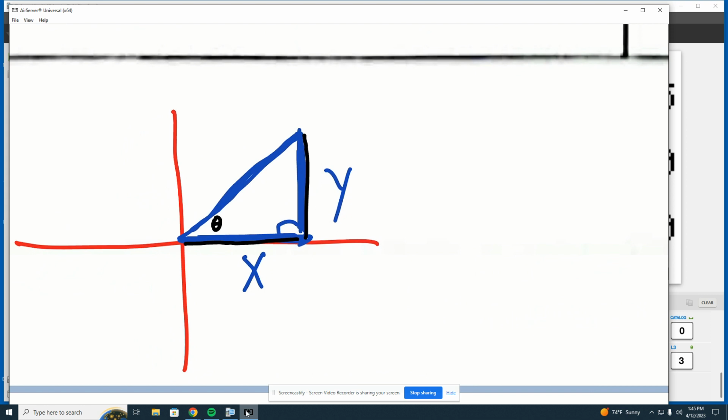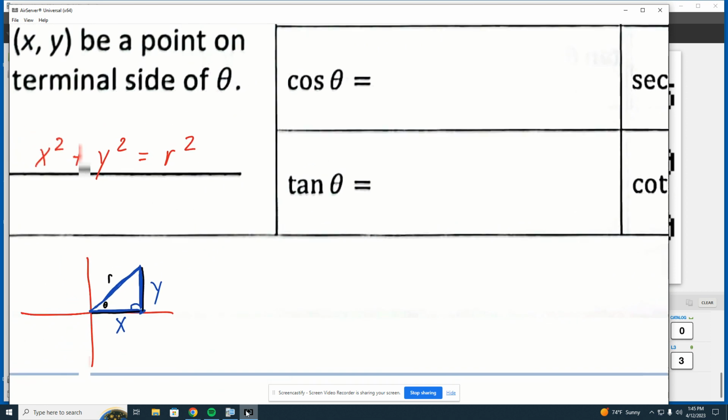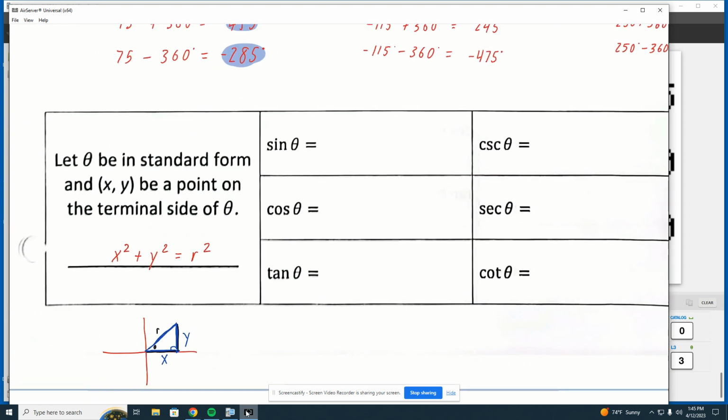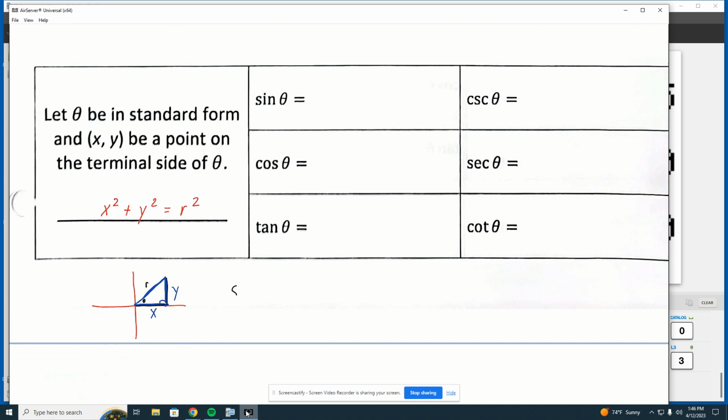And that leaves one more value, and that value is r, which is my hypotenuse. Or technically, thinking about circles and how this compares to circles, that would be my radius. That's where r actually comes from. So with that being the case, we compare this then to SOHCAHTOA.